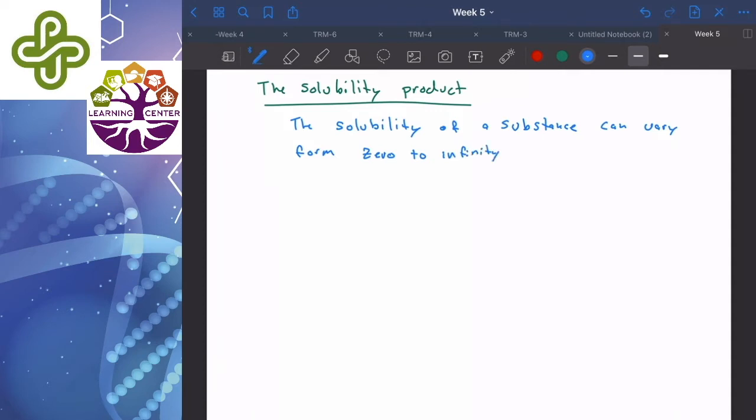Something that has infinite solubility we call miscible, which means you can mix any two amounts of it and they're going to continue to be completely soluble. Things that have a finite solubility are going to reach a level of saturation.